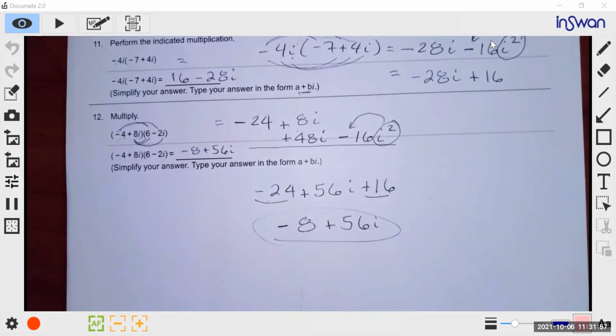So that does it for complex numbers. You can't graph them because they're imaginary, but from here on out, the next section deals with quadratics, zeros, and functions. And section 3 deals with analyzing graphs of quadratic equations.